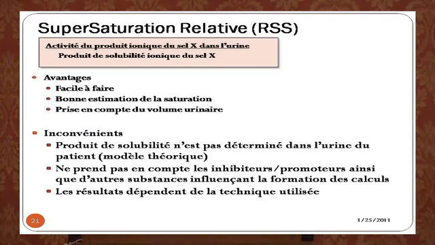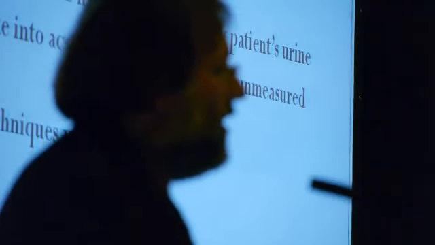Another disadvantage is that it does not take into account compounds that are not measured that may inhibit or promote crystal and stone formation. And as I've shown you, there are different computer programs and techniques for estimating this number, and so you do get different results.